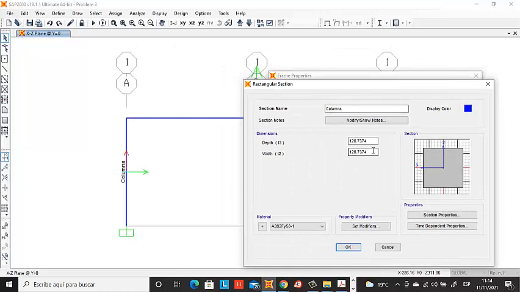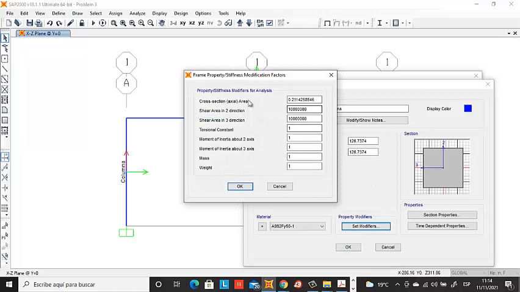I define this section in order to have the same moment of inertia, and I will modify the cross section area, the multiplication factor, in order to have the same. Because when we already define this section, we already have the cross section area, right? But in order to have the same as the problem statement, we just need to calculate the ratio and put it here. And we are not considering the shear deformation. We are not using a Timoshenko beam. We are just following the Euler-Bernoulli beam theory.